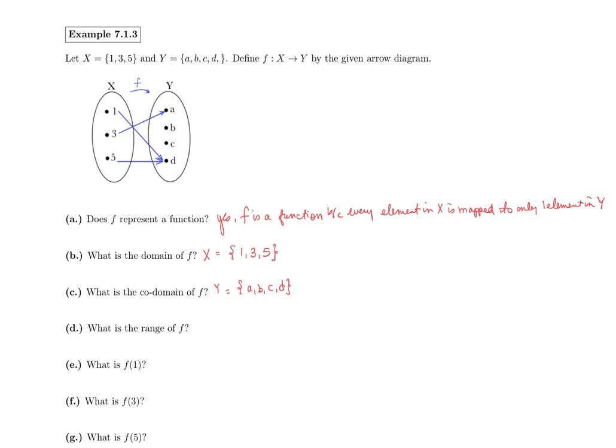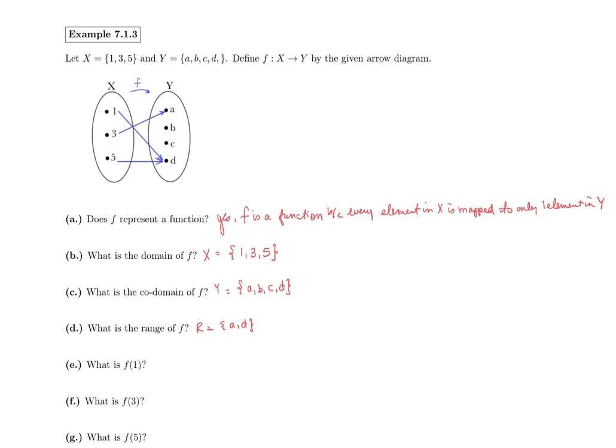But the range of our function are the elements of the codomain that are being mapped to, and only the ones that are being mapped to, which in this case would only be the set A and D. Only elements A and D are being mapped to.